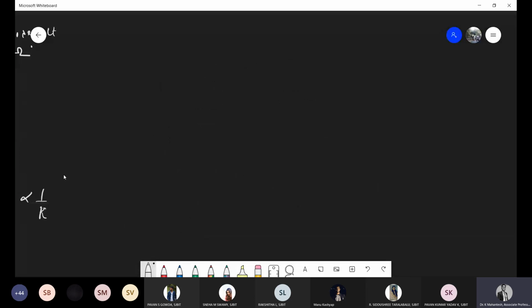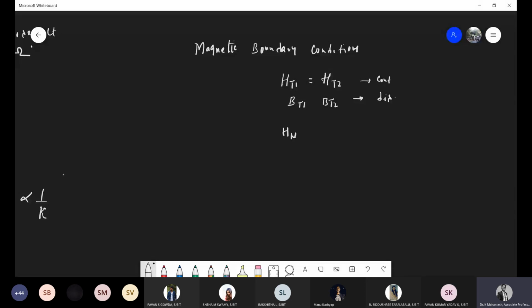So in this class, we have derived the equation for magnetic boundary conditions, where we saw the tangential components of H were continuous and Bt was discontinuous.